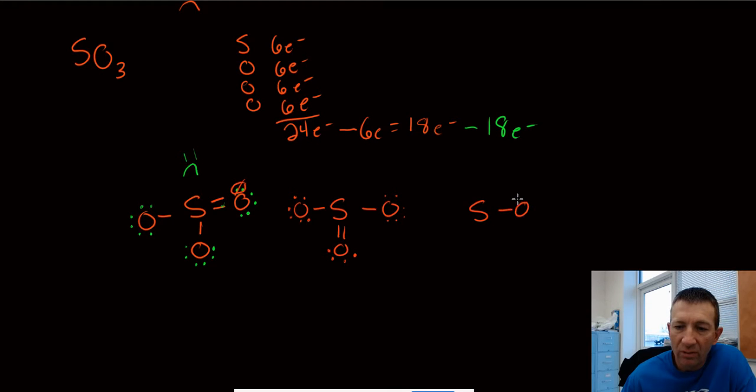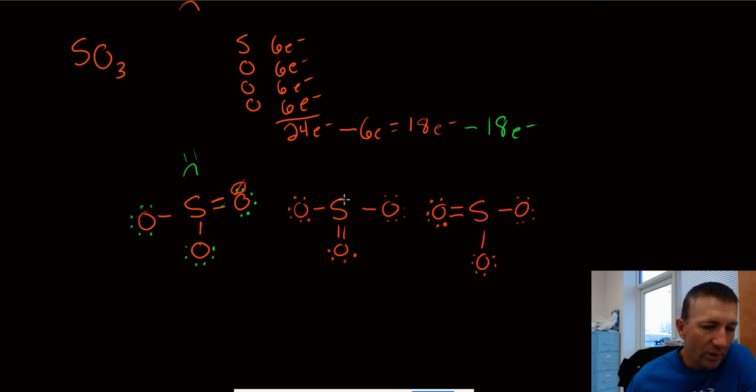Here we can do single bonds and an oxygen with a single bond and those valence electrons around it, and over here, this time the double bond's on that side. So that's what a resonance structure is. All 3 of these are sulfur trioxide, but the double bond is in a different spot on each one of them, and that's what we call a resonance structure.